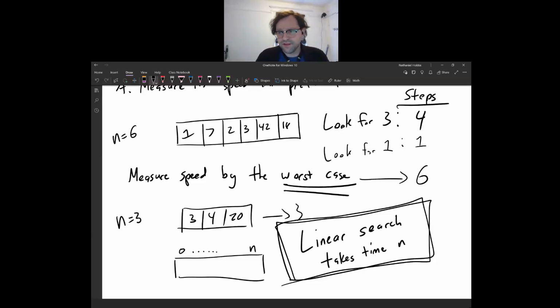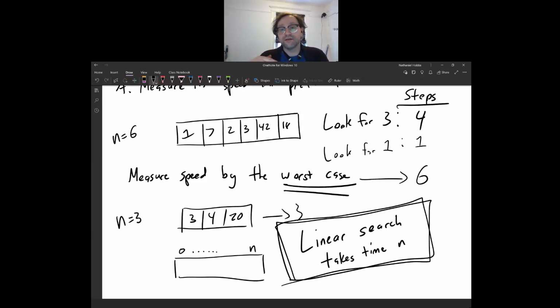We'll just call the length of the array the number n, and then this way we can say that a linear search takes time n. Again, this is in the worst case, but that's the convention that we're using. There's also best case and average case and stuff like this.